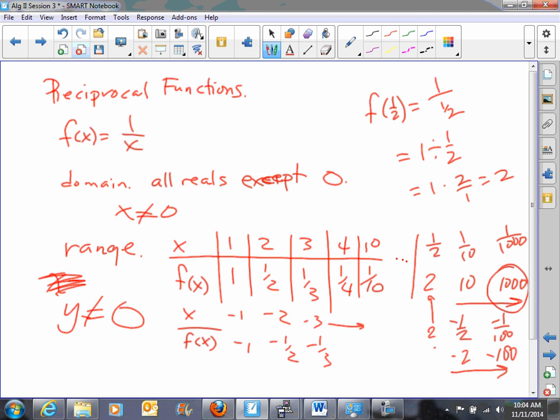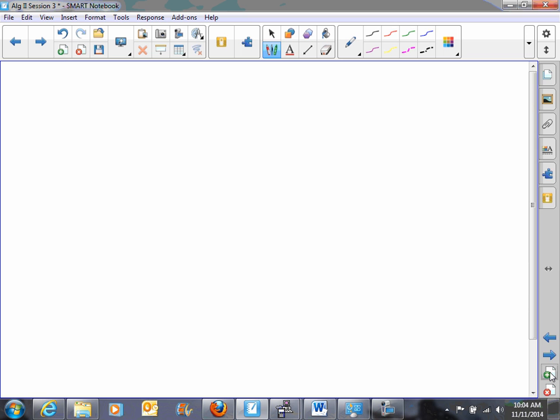Now, the strange thing about this function, if you look at its graph, is that when x is 1, y is 1, 2, we have 1/2, 3, we have 1/3, and so forth. All the way out to infinity, from 1 out to infinity, we're between 1 and 0.